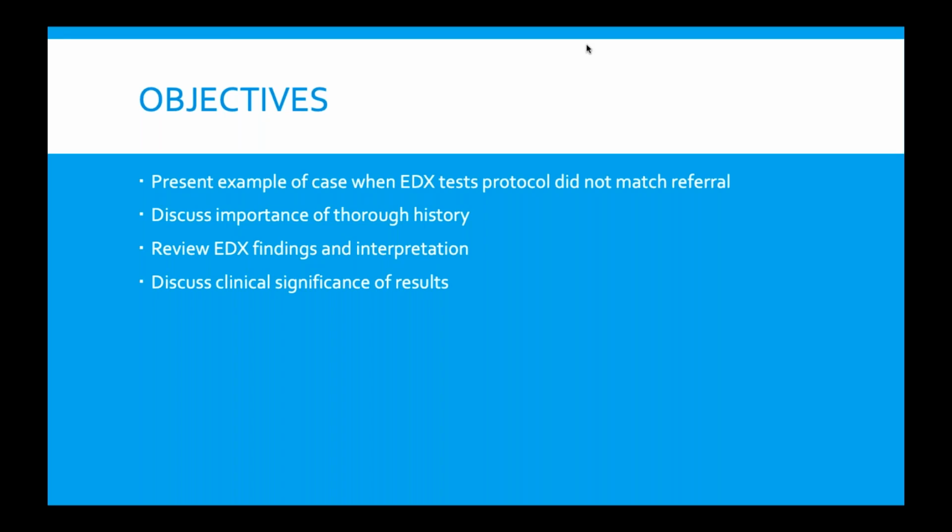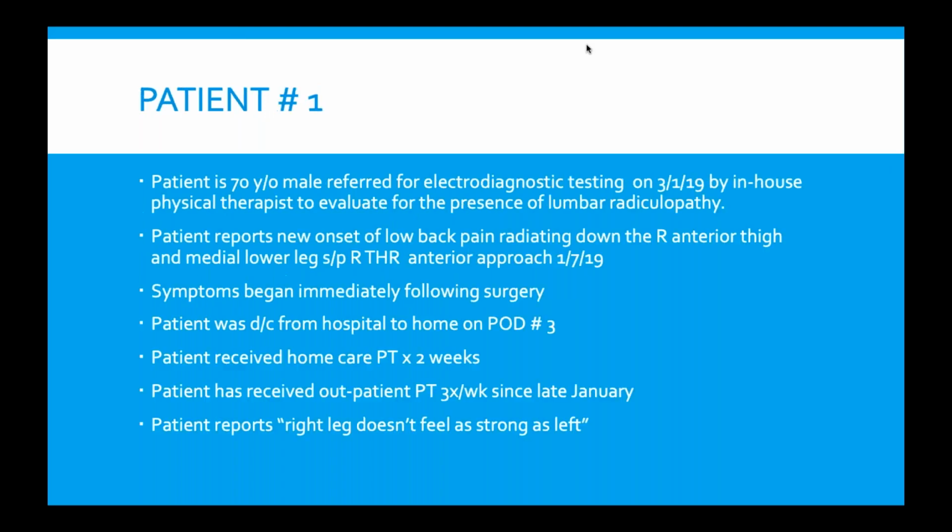We'll talk about why it's important to take a thorough history and document everything that you're encountering, a little bit of review about how to interpret the results of a test and what they mean, and most importantly, discuss the clinical significance of what we do with this information once we have it, and what it means. So first patient, these were both patients that I tested fairly recently.